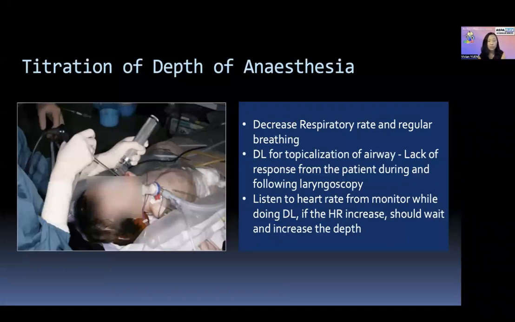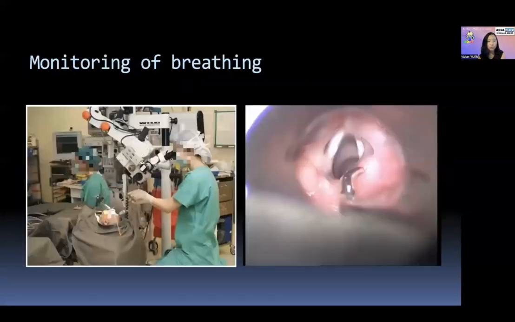So usually I would do the DL to give the LA, and if the patient allows me to do the direct laryngoscopy and I don't see a rising heart rate with the intervention, I would be able to pass the patient to the surgeon for surgical intervention and examination.